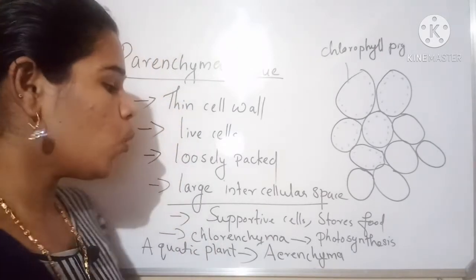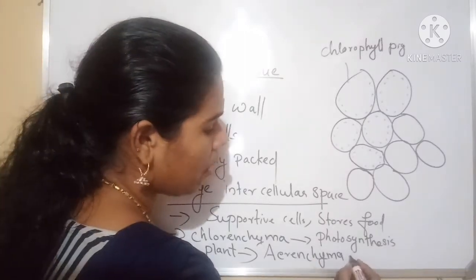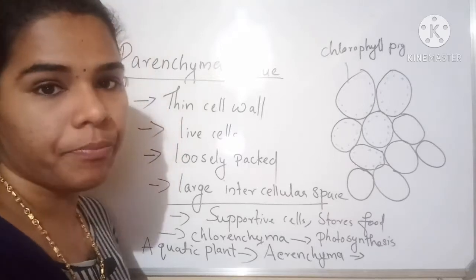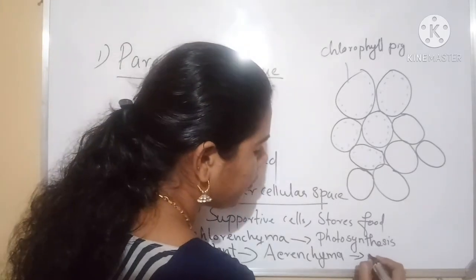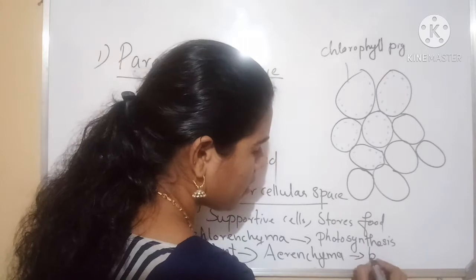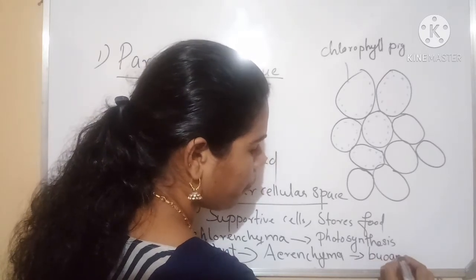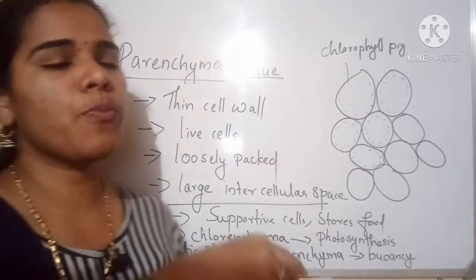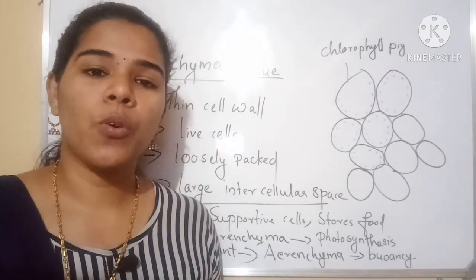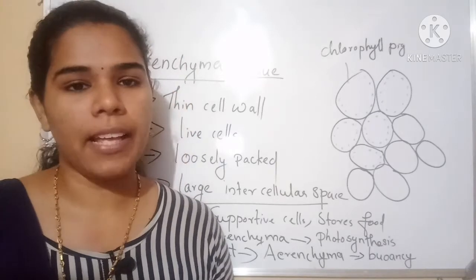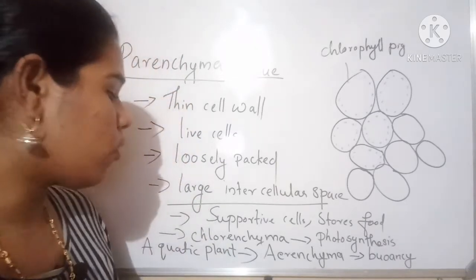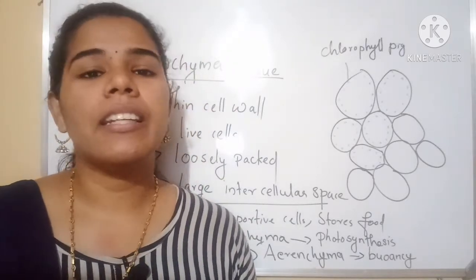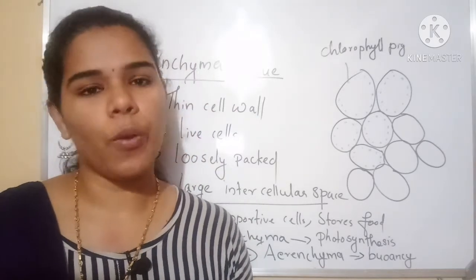Okay, which helps the buoyancy of the plant, which means it helps the plant to float in the water. The aerenchyma helps buoyancy, which means it helps to float in the water.